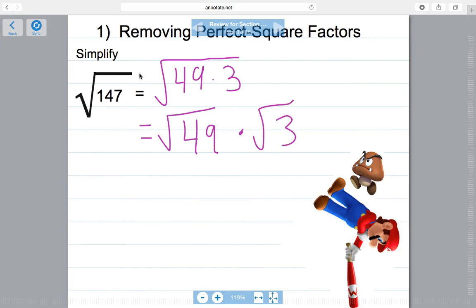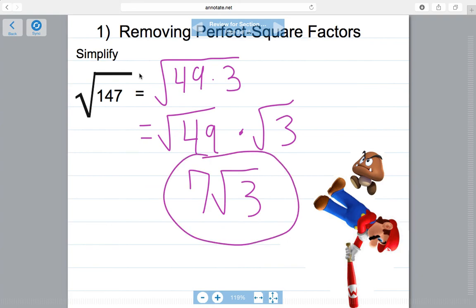Now the square root of 49 is 7, and then the square root of 3 cannot be simplified anymore. There's no more perfect square inside. So we're just going to rewrite that square root as the square root of 3. So our final answer is 7 times the square root of 3.